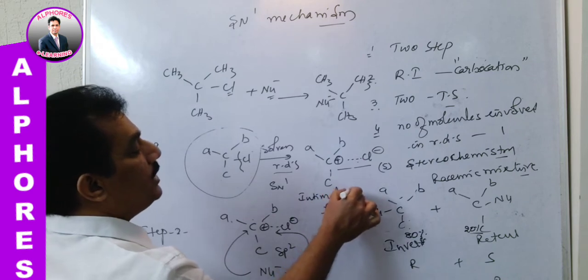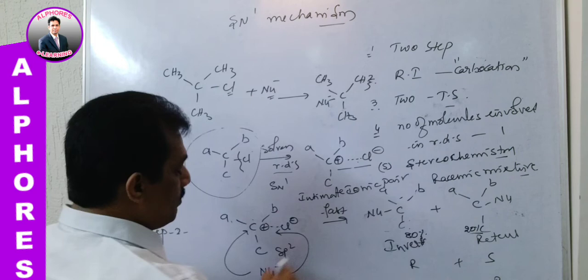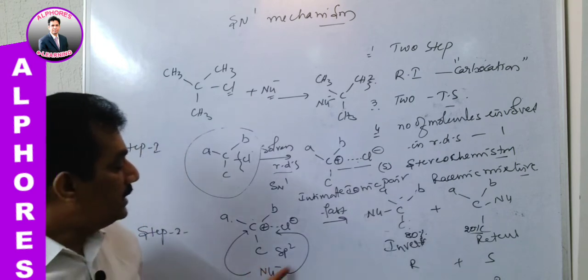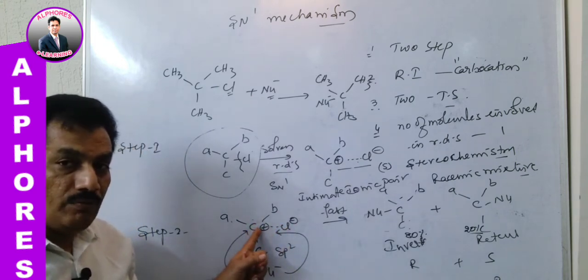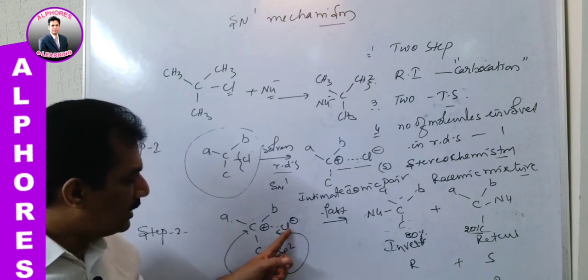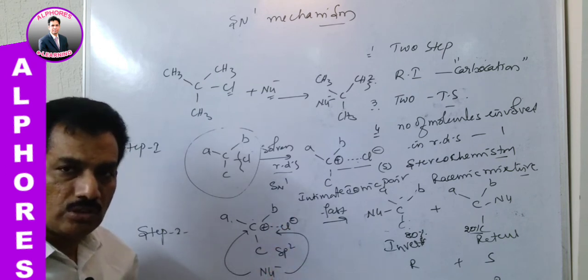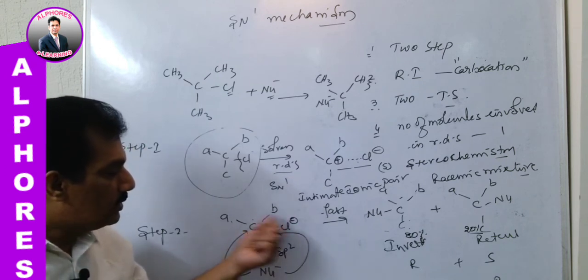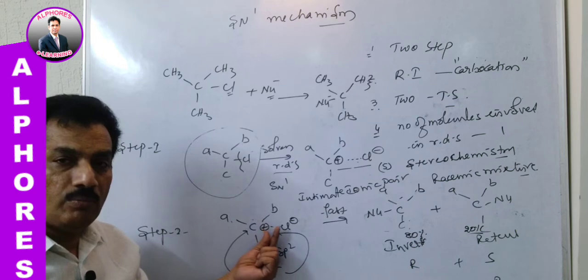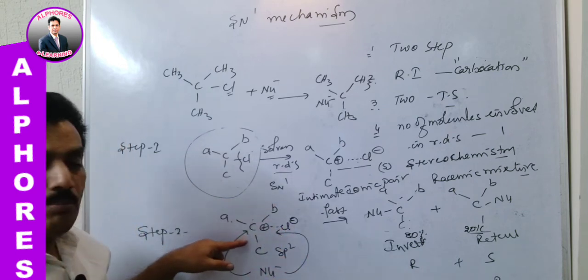Because of intimate ionic pair formation, the incoming nucleophile is detained from attacking from the front side. When it comes to attack like this, the Cl- will oppose it, because both of these have the same charge. So its chances to attack from the same side will automatically be less when compared to the free backside.